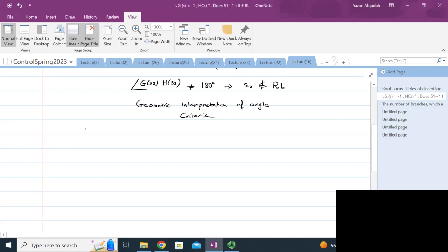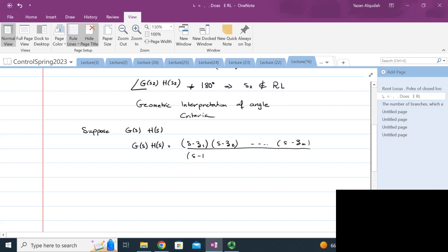So let's say that we have G(s) multiplied by H(s), that is given by the following. G(s)H(s) is equal to (s minus z1)(s minus z2) all the way to (s minus zm), divided by (s minus p1)(s minus p2) all the way to (s minus pn).